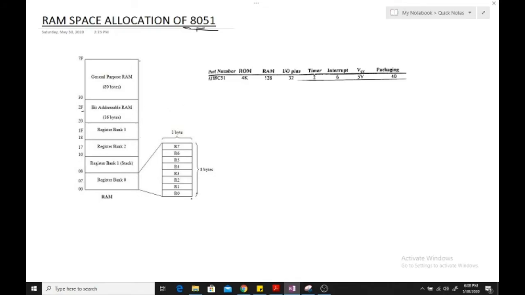So the RAM of the 8051 contains 4 register banks. Every register bank contains 8 registers. Every register has 1 byte.